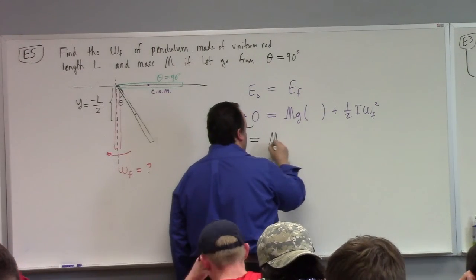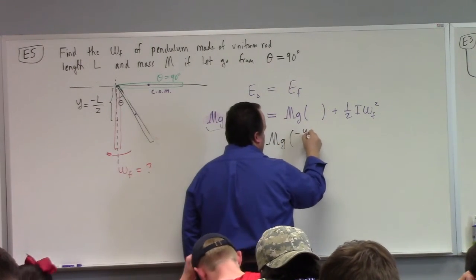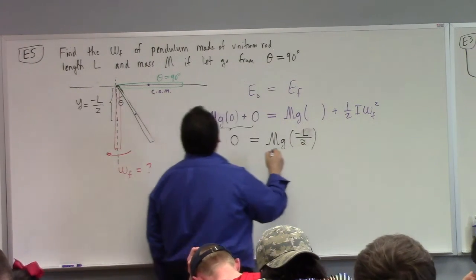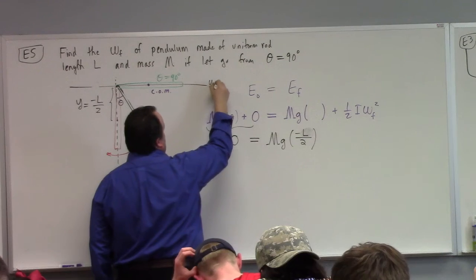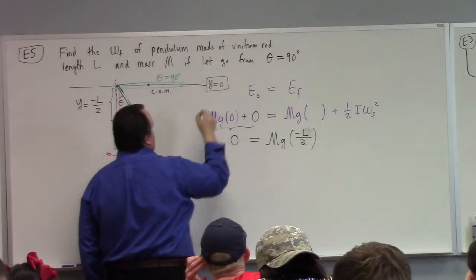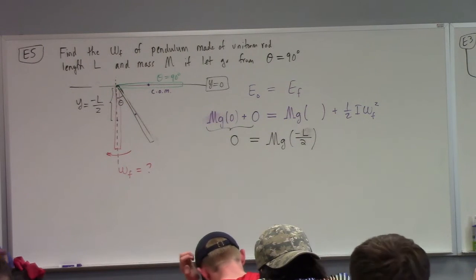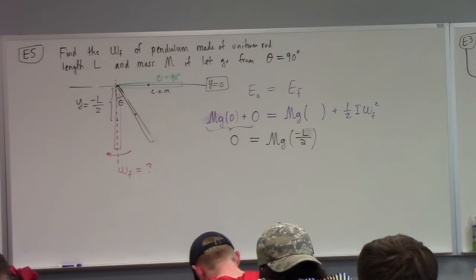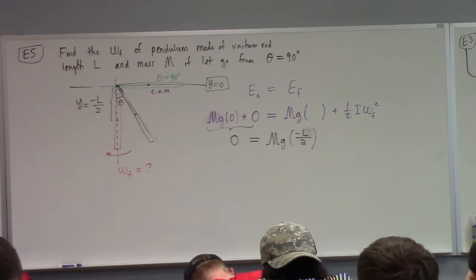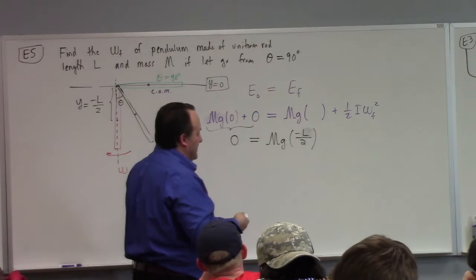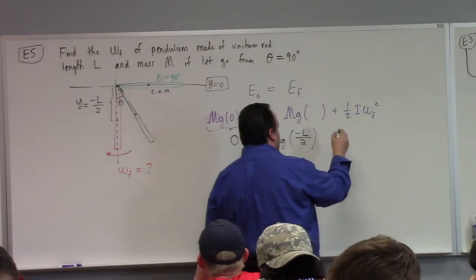So mg times minus L over 2, because I defined y equals 0 to be up here, right? If I defined y equal to 0 somewhere else, however you define it, you're always going to end up with the same change in the formulas. It all works out the same. Choosing y equal to 0 there or somewhere else doesn't change the physics here.